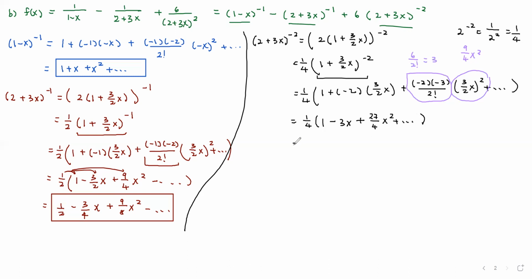Multiply the 1/4 in, so that will give us 1 over 4 minus 3 over 4 x plus 27 over 16 x squared. It doesn't really matter here.